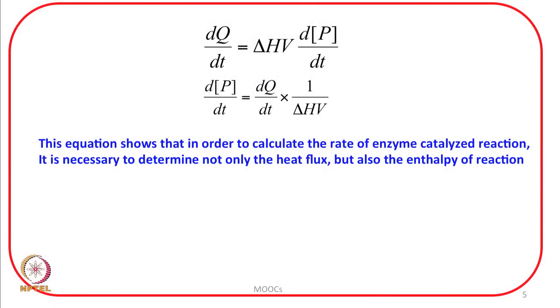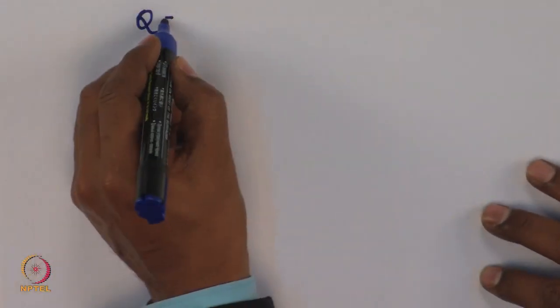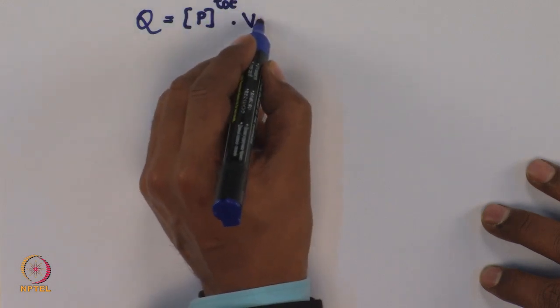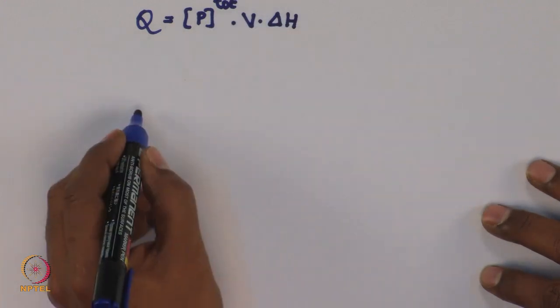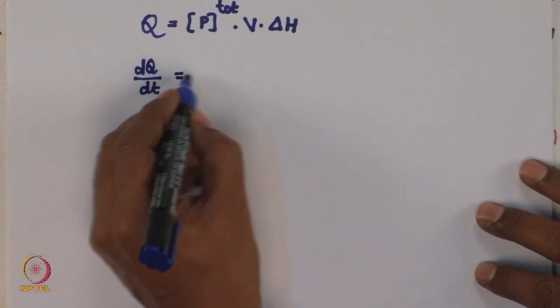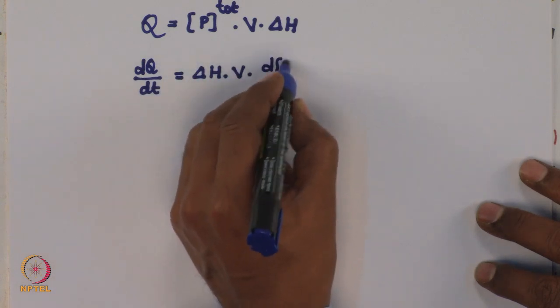So, what I have is Q is equal to P total into volume into delta H, and from this I get dq by dt is equal to delta H into volume into dp by dt.